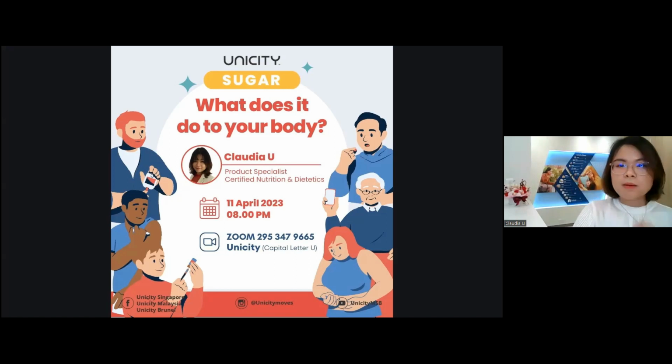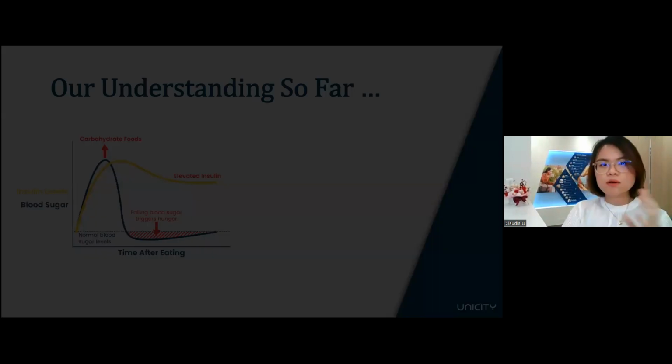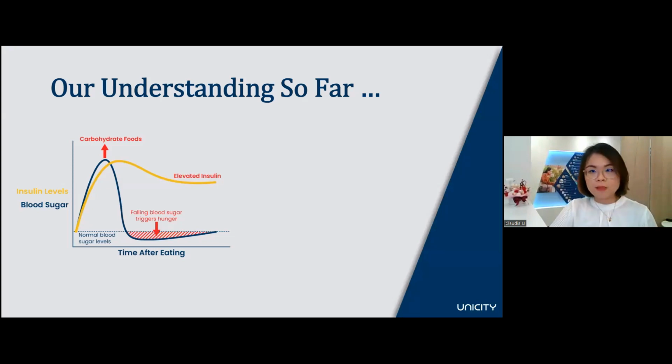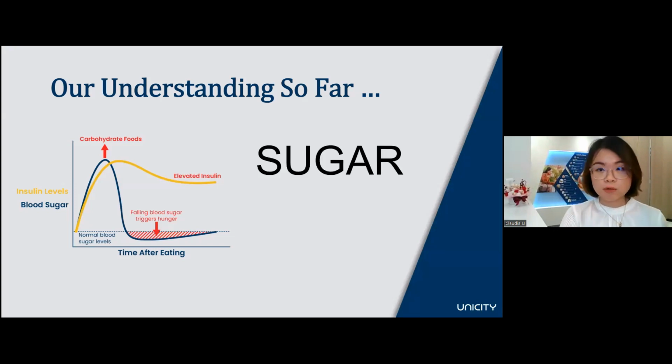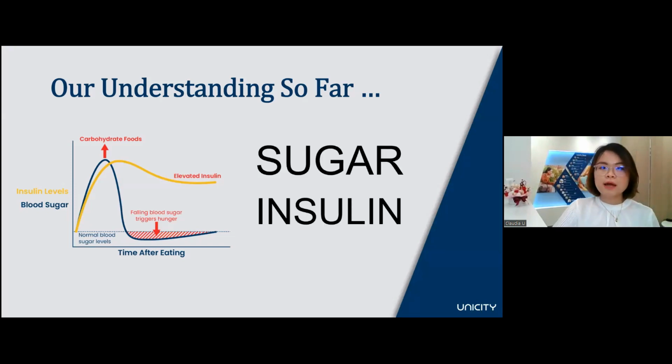However, many people's understanding about sugar and insulin is only limited to graphs. I don't blame that because this is how this concept has always been taught all these years. And this is also one of the simpler ways to describe the dynamics and the relationship about sugar and insulin.